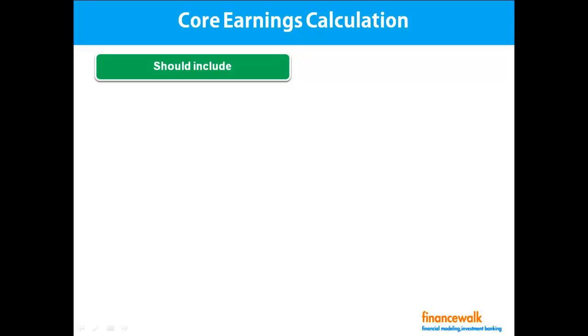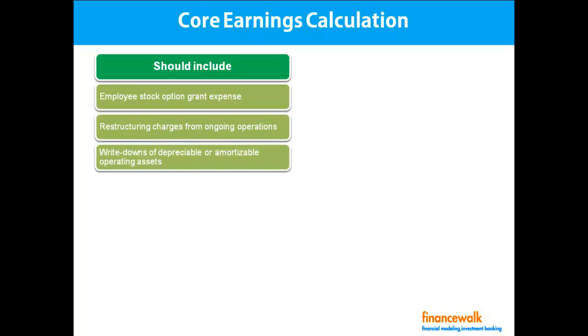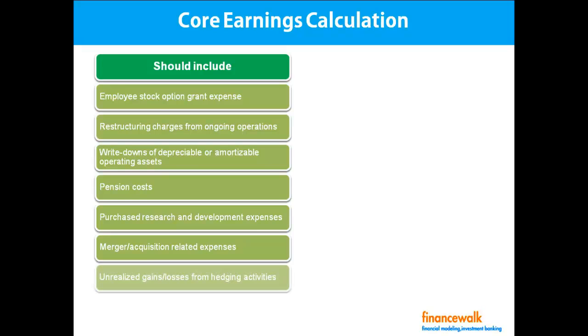Core earnings calculation should include employee stock option grant expense, then restructuring charges from ongoing operations, write downs of depreciable or amortizable operating assets, pension costs, purchased research and development expenses, any merger or acquisition related expenses, and unrealized gains or losses from hedging activities. So this should form a part of core earnings.